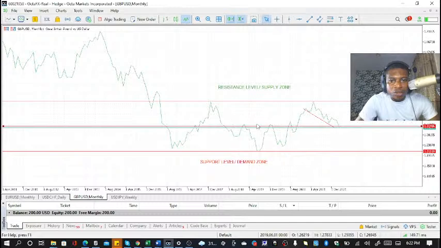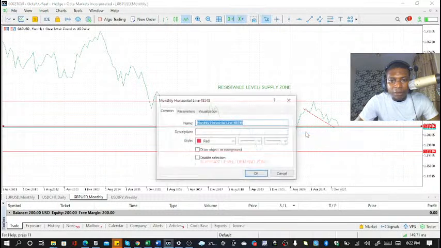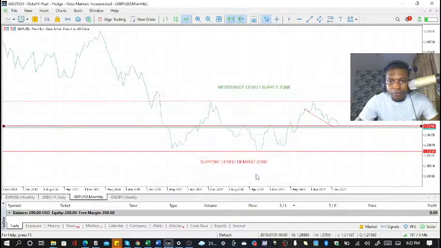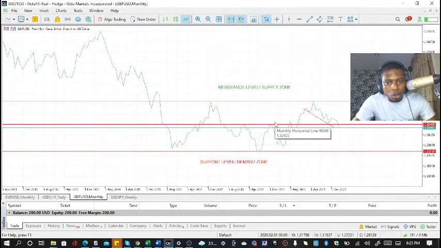Let me make it thicker so that it becomes significant for us to identify. Great. So you can see now that this zone has become a support turned resistance zone.